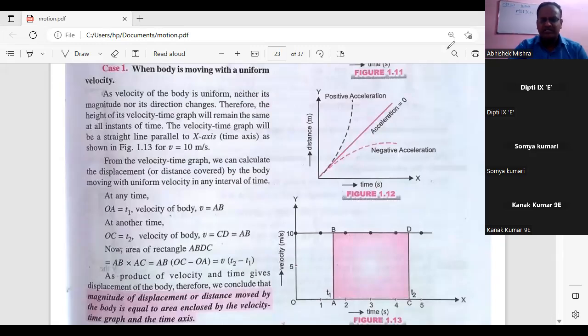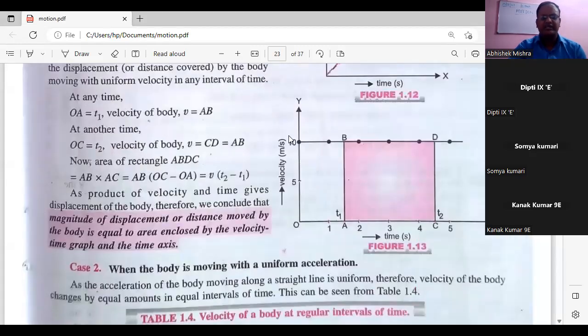In this graph, let me highlight it. We are about to find the magnitude or the distance moved by the body, or displacement.